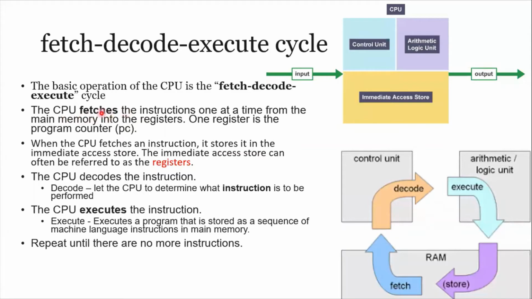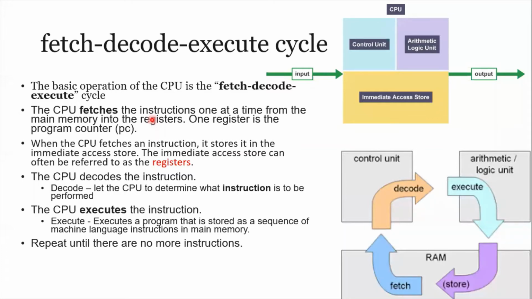The CPU fetches the instructions one at a time from the main memory that I told you about, the RAM, and from main memory into registers. Registers are the places that process data very fast.